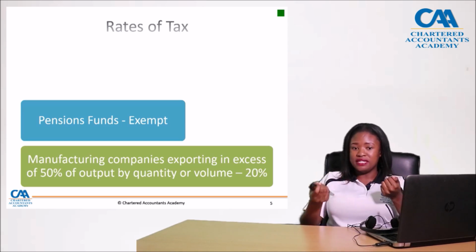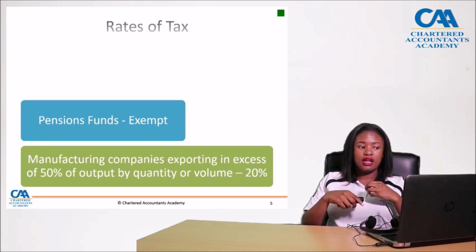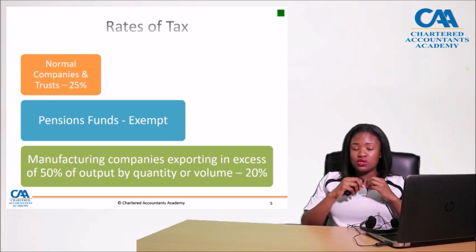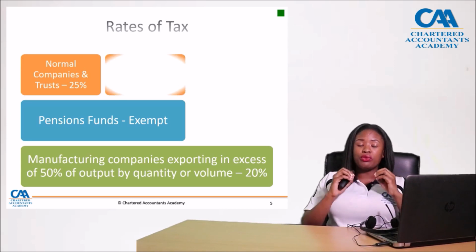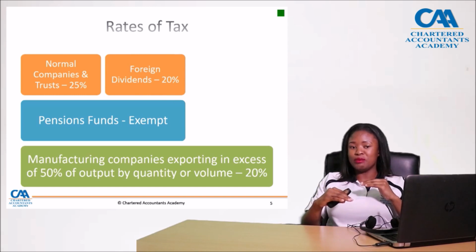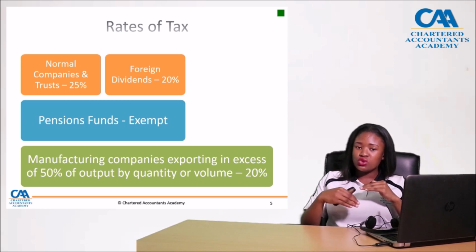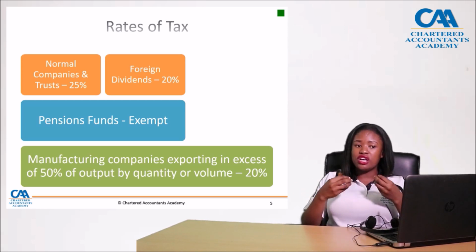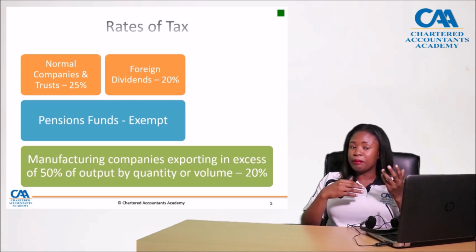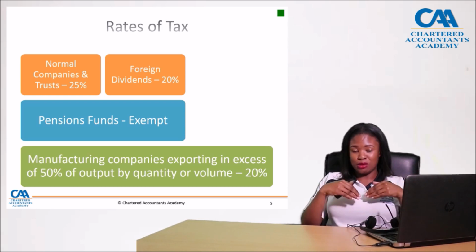Our normal companies and trusts are taxed at a rate of 25%. Our foreign dividends are taxed at the rate of 20%. Please note, if we go back to our gross income, there are things which are not from a source within Zimbabwe which will be deemed to be from a source within Zimbabwe as per Section 12. So if a resident earns dividends from, for example, a South African company or a United States company, these dividends should be taxed in Zimbabwe.